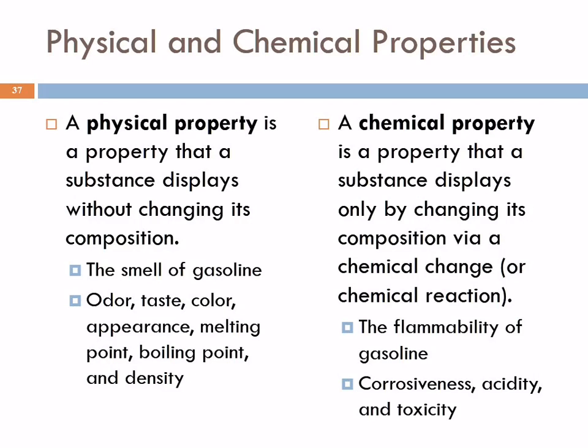But when you light a match and you demonstrate the property of flammability, the gasoline is no longer gasoline. It's been converted into carbon dioxide and water. The particles are changed. It's a chemical change. So things like corrosiveness, acidity, toxicity, flammability, these are examples of chemical properties.